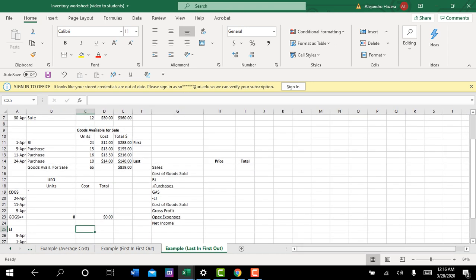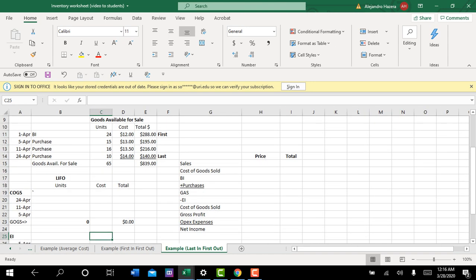Okay, so under last in, first out, it's the exact opposite. Under last in, first out, the cost of goods sold comes from the last units first, and the ending inventory comes from up here. So ending inventory comes from here, and cost of goods sold comes from here.